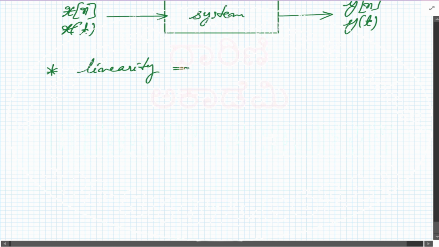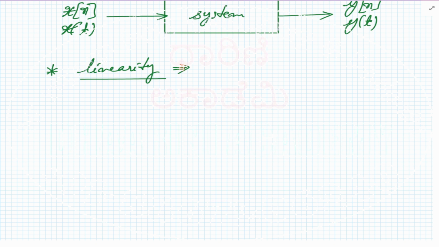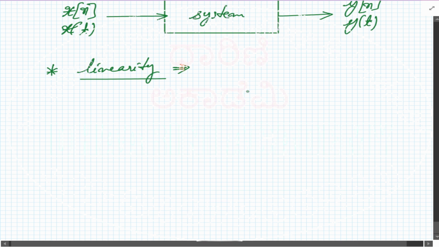Not every system has to be linear, but we try to bring linearity in place because whenever the system is linear, things become very simple. If you give any alpha k as input, the system's output is expected to be some beta k.